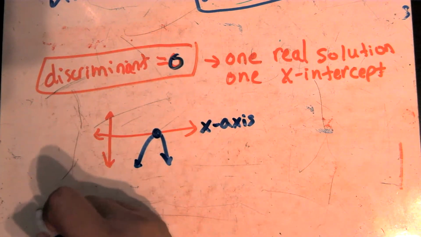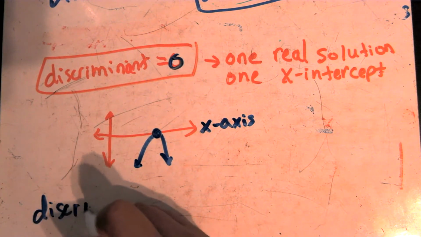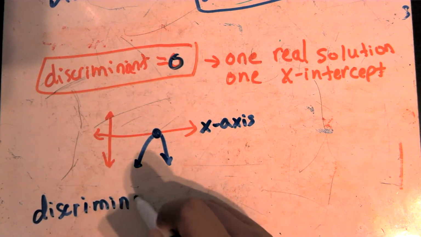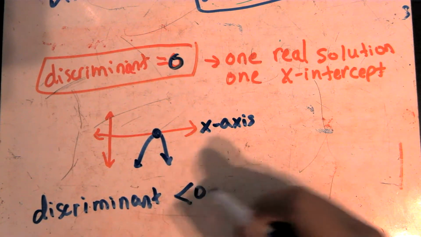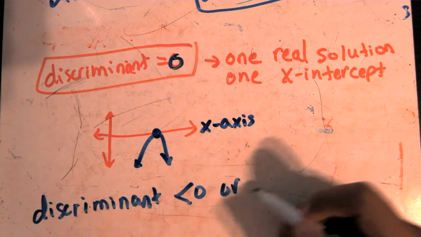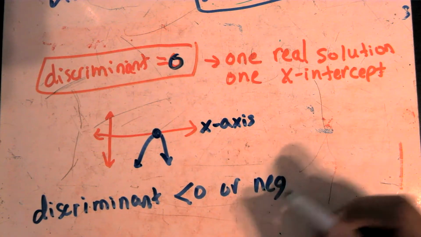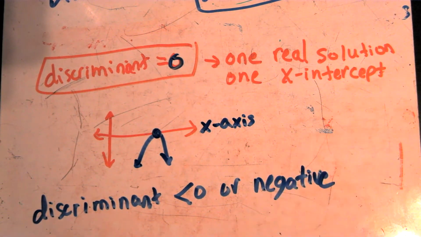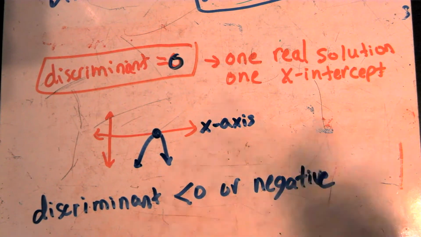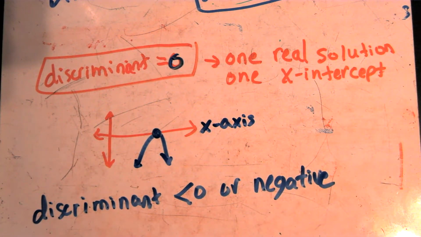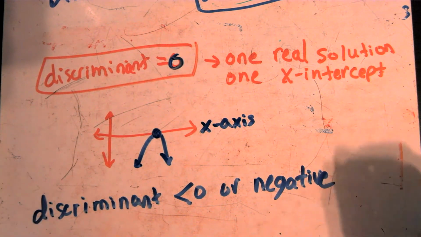If your discriminant is less than 0, or negative, then that's telling us, like the last one we did, where we got a negative number, yeah, we got a -7, that we don't have any real solutions.